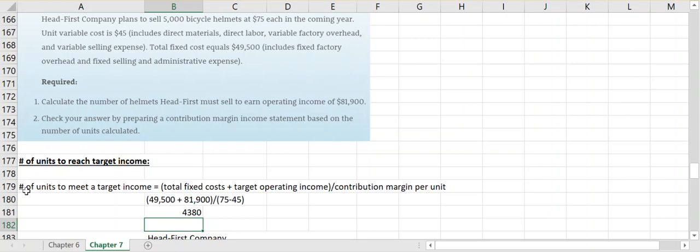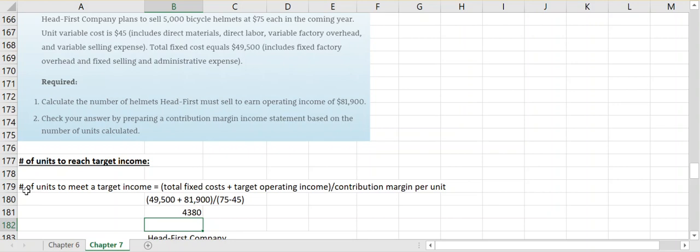They told us in the problem that the company plans to sell 5,000 bicycle helmets. So this gives a company an idea of whether or not that $81,900 operating income is actually a realistic target. It's 4,380. We plan to sell 5,000. Although we plan to sell 5,000, it doesn't mean that we're exactly going to sell 5,000. We might sell 4,900.